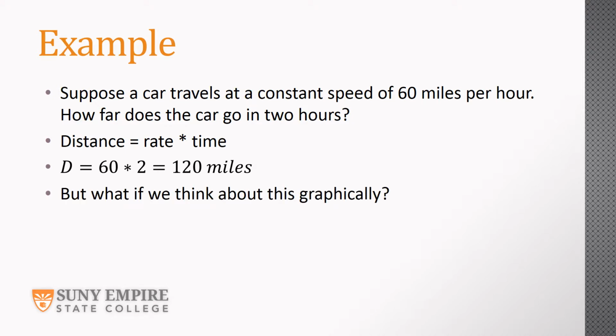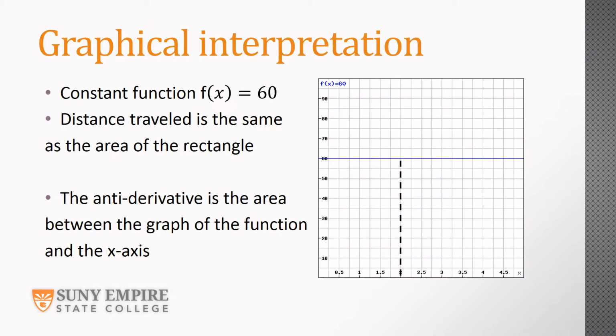Well, what happens if we think about this problem graphically? Let's think about the function graphed when we have time on the horizontal axis and the velocity on the vertical axis. Because we are driving at a set speed, the graph of our velocity function is the horizontal line at y equals 60.